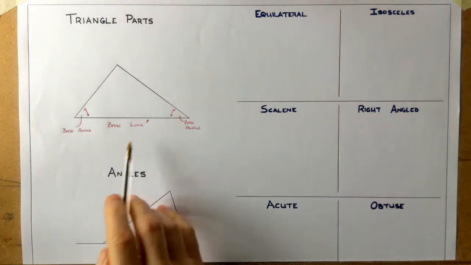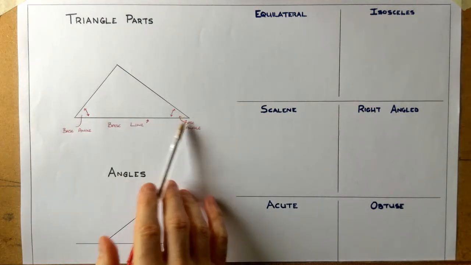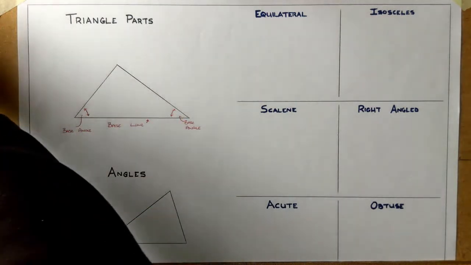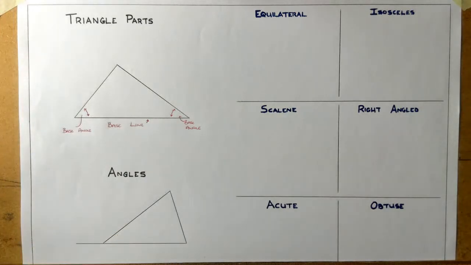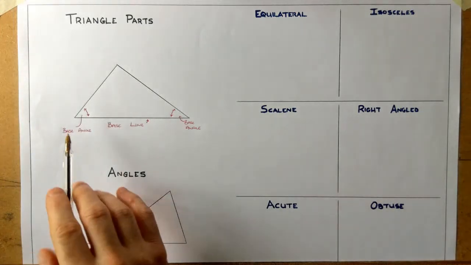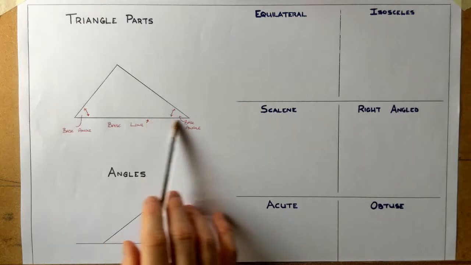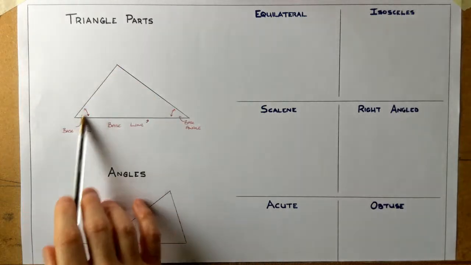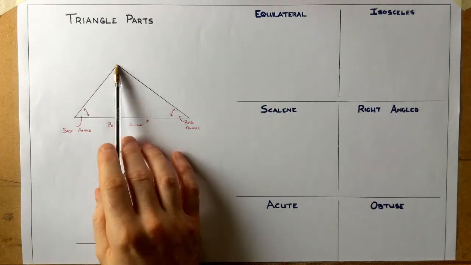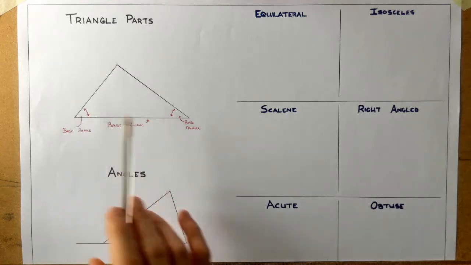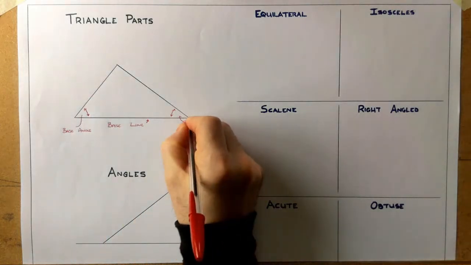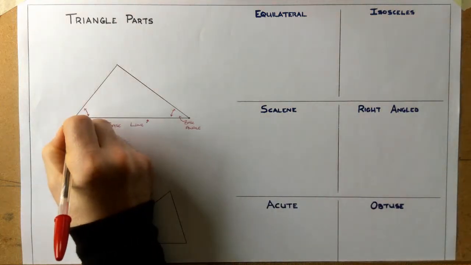So far we have the base line, we have the base angle, and the next parts we have are called vertex. Each triangle is made up of three sides and three angles, and each side will meet at a point, and each point is called a vertex. So this point right here, I'll make a little mark on that, and a little mark on this one here.